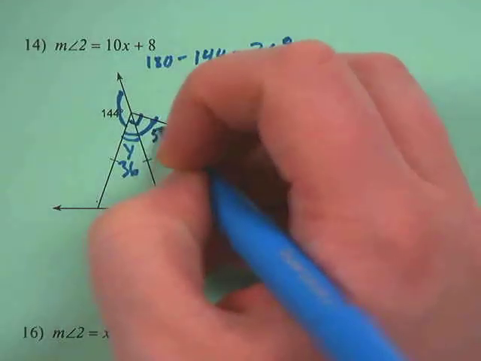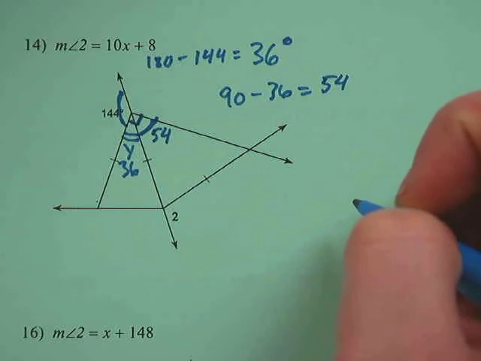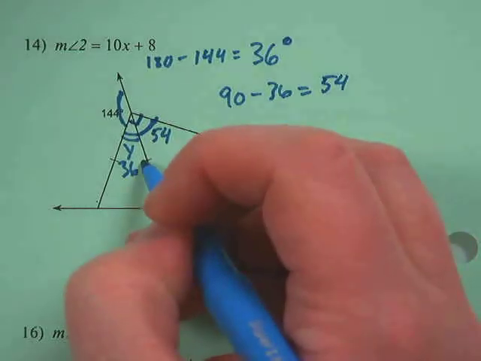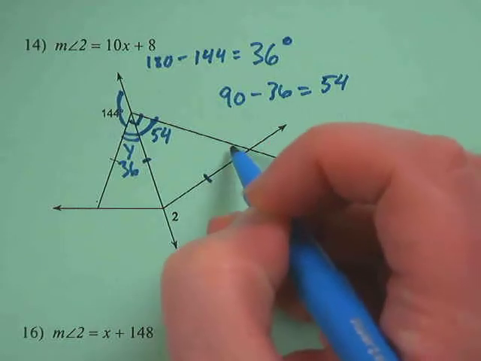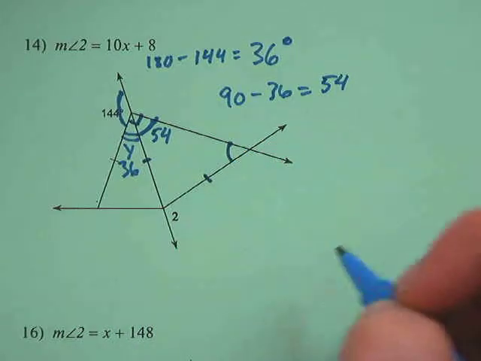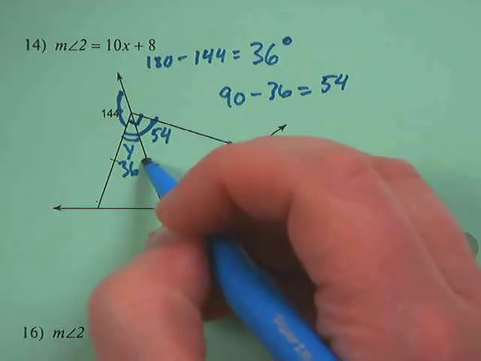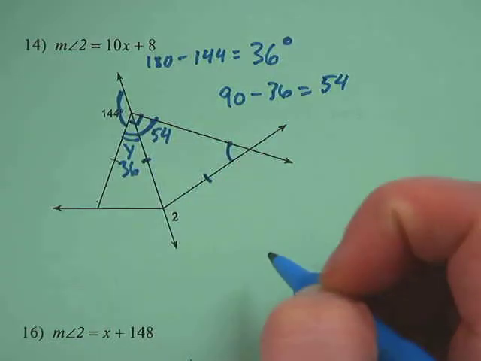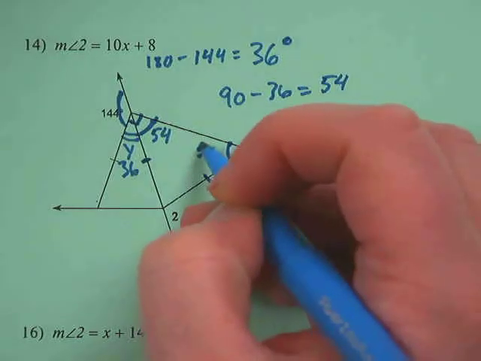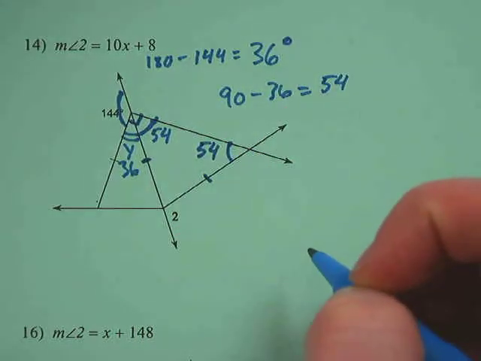So that tells us that this angle right here is going to be 54. Now we have to use our properties knowing that these two sides are congruent to tell us what this angle is. So these two angles are both going to be 54 since the sides that are across from them are congruent. So that angle will also be 54 degrees.